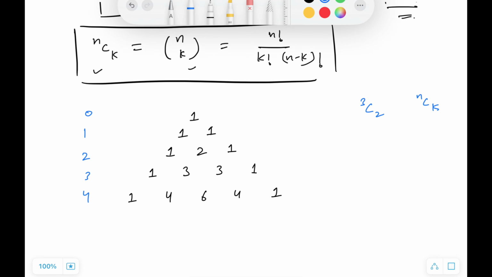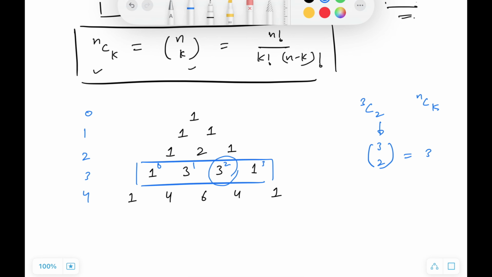So 3 means third row. And this is 2. 2 means second entry. Entry is also starting with 0: 0, 1, 2 and 3. So this is the value coming at 3C2. Third row, second entry, which is 3 actually.